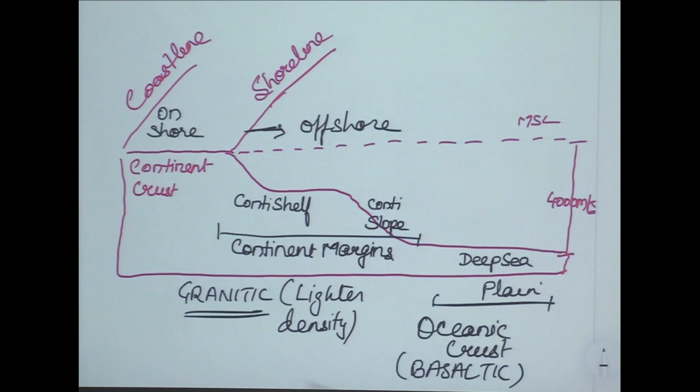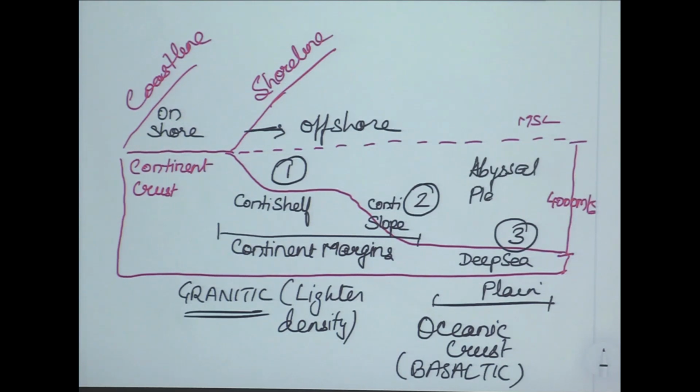So, what are the major constituents that I talk about? Ocean relief, or submarine features below the mean sea level, will include number 1 continental shelf, number 2 continental slope and number 3 deep sea plain, which can also be called abyssal plain.